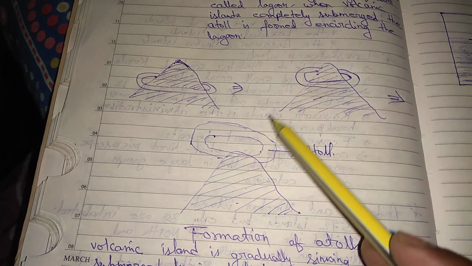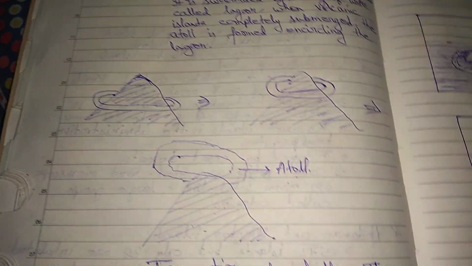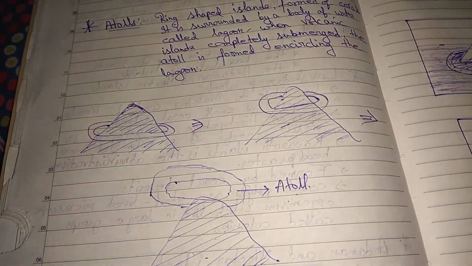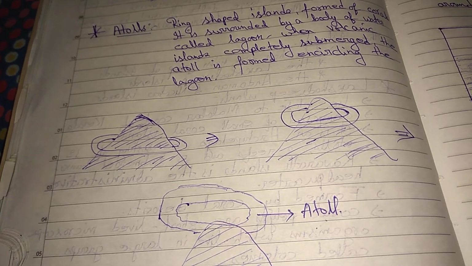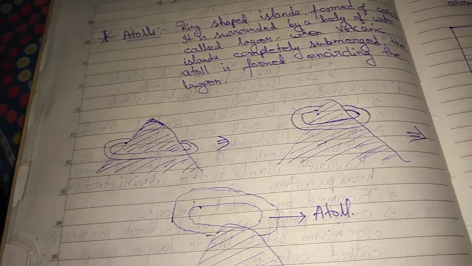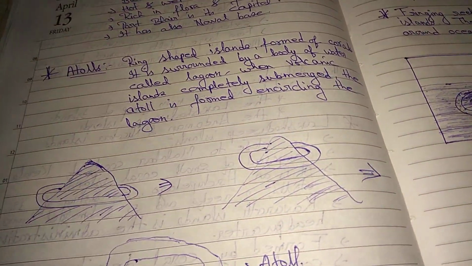Fringing, barrier and atoll. Such types of reefs are common in Lakshadweep because Lakshadweep is completely made up of coral polyps, and these reefs are correlated with the coral polyps.